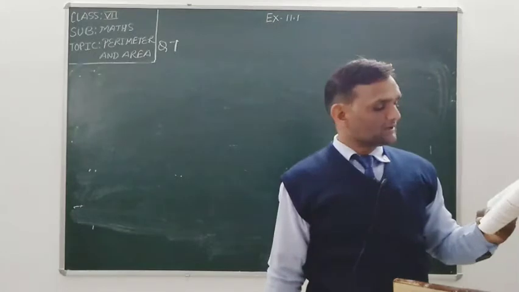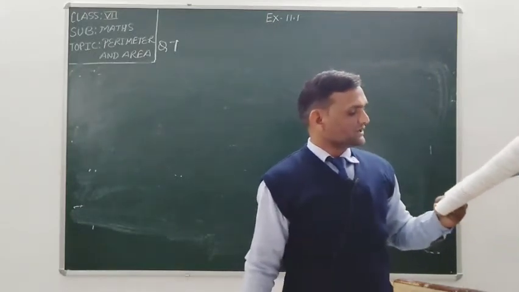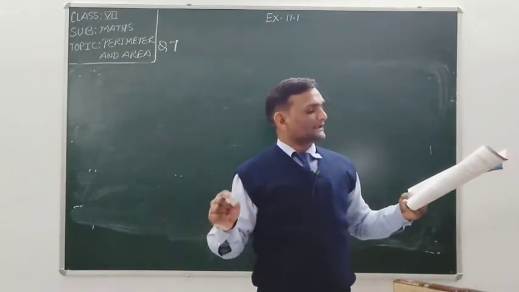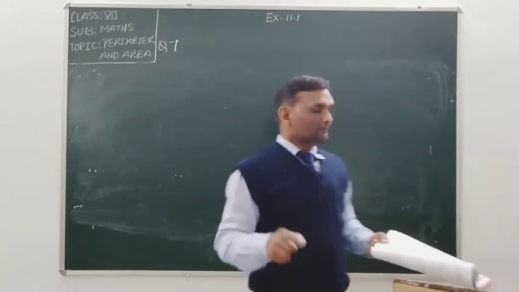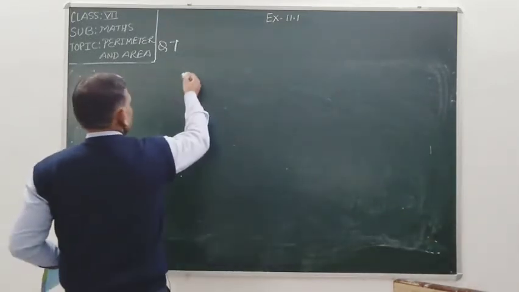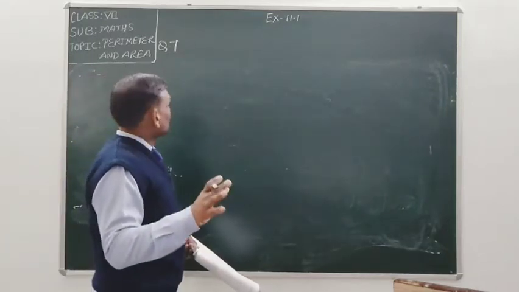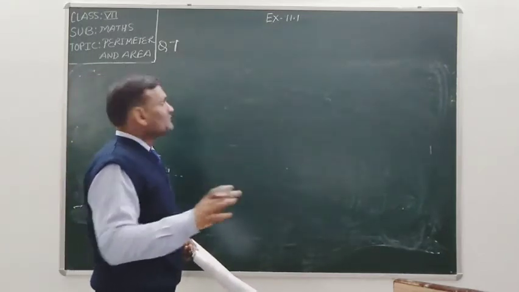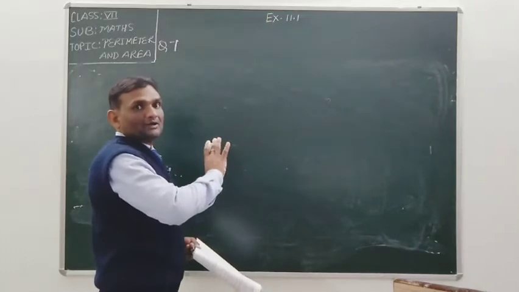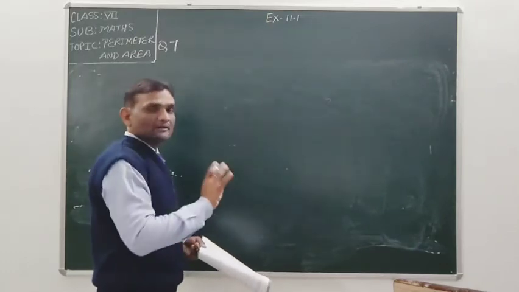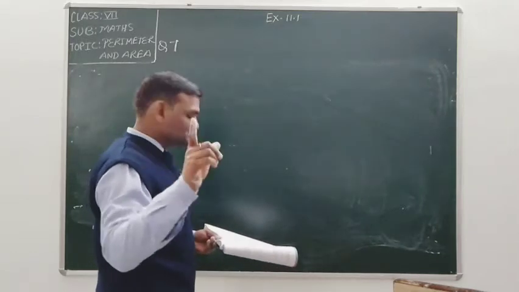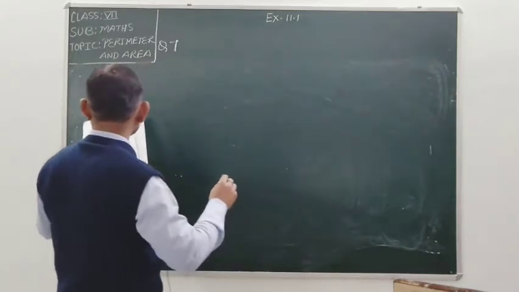This question is very easy. Listen the question firstly. The perimeter of a rectangle is 130 centimeter. I will do only rough here, and you will try to understand, student. I am not writing question also here. You have book, then you can see the question from your book.